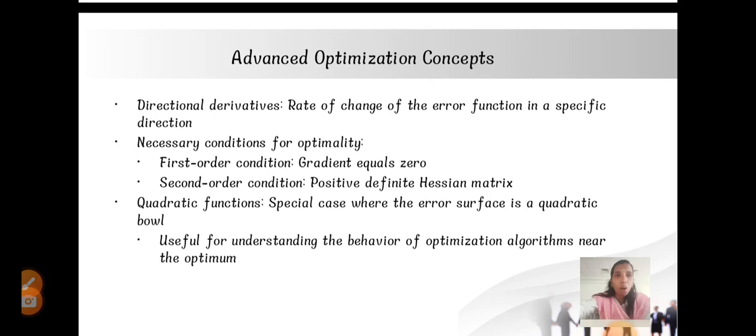Necessary conditions for optimality: the first order condition is that the gradient equals zero. The second order condition is that the Hessian matrix is positive semidefinite. Quadratic functions are special cases where the error surface is quadratic. They are useful for understanding the behavior of optimization algorithms near the optimum.